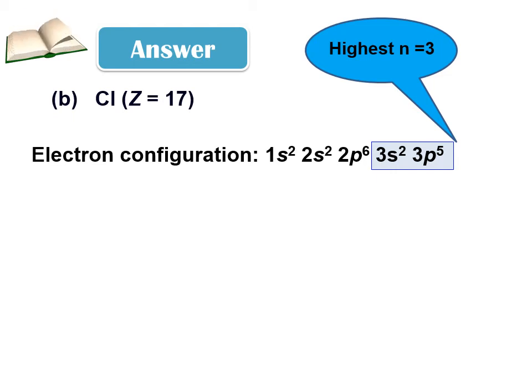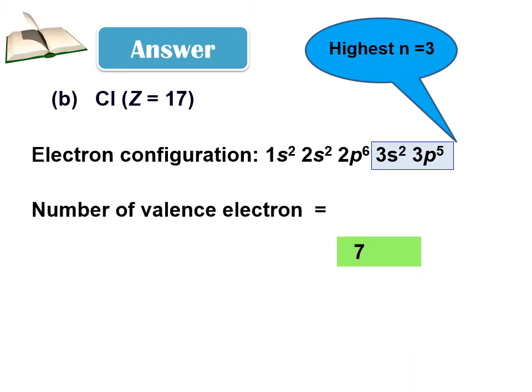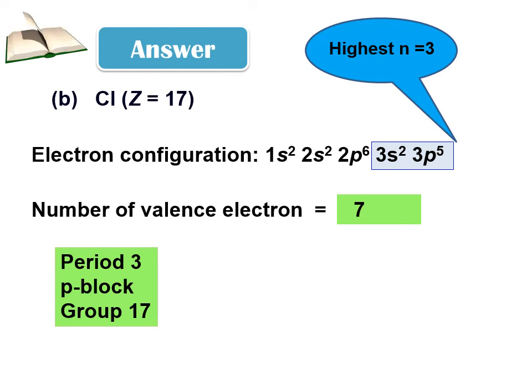Because the outermost shell is 3, we have 7 valence electrons. From here, we can determine the group of chlorine. 7 valence electrons plus 10, so the answer for chlorine is period 3, P block, and group 17.